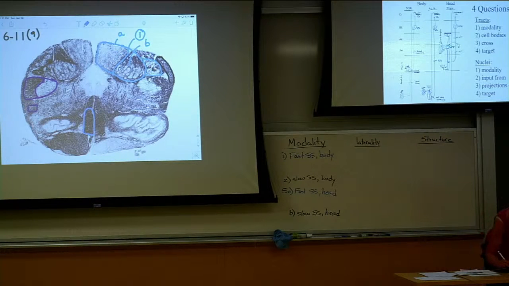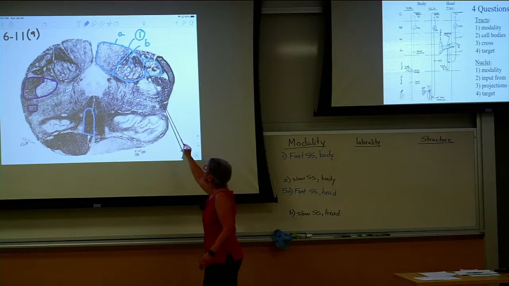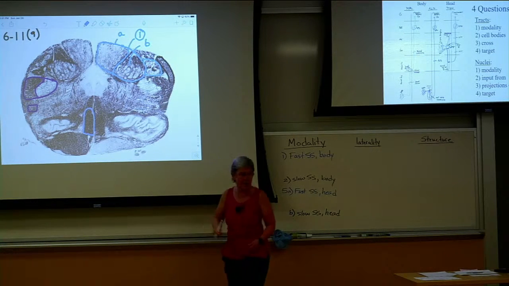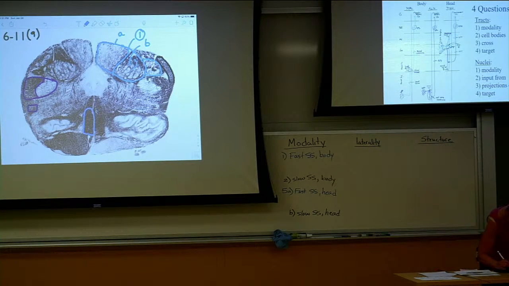But what's going on here is we've got our fasciculus cuneatus, the last little bit of that dorsal column tract, ending here to make a synapse in nucleus cuneatus. And we also have synapses in nucleus gracilis. And so this is the pre-thalamic relay nucleus for fast somatosensory information from the body.